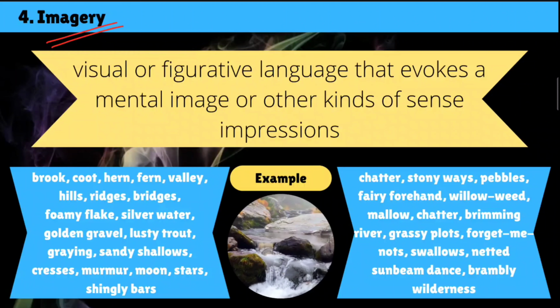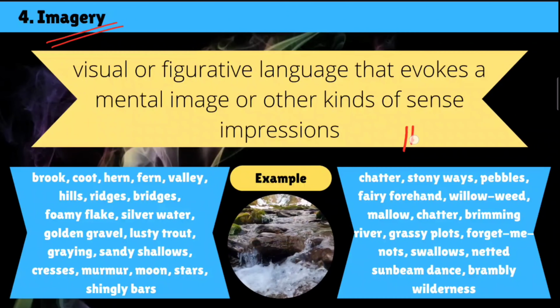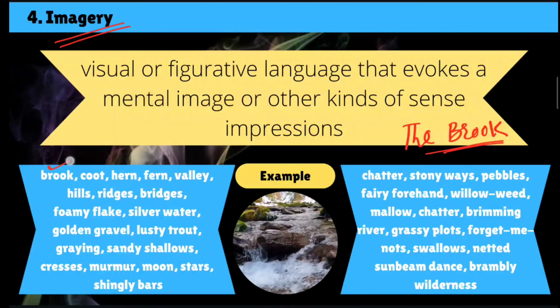And when we talk of the poem, The Brook, the poet has used this technique profusely. As you can see, the words like brook, coot, hern, fern, valley, hills, ridge, bridge, foamy flake, silver water, golden gravel, lusty trout, etc., etc. All these are actually the images that the poet has used in the poem.